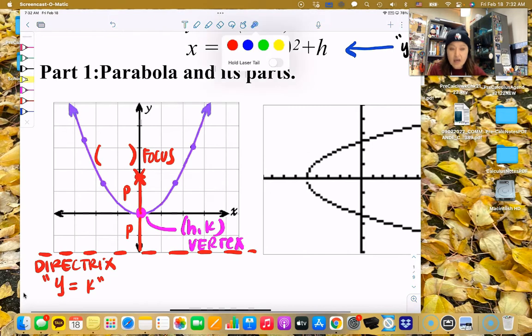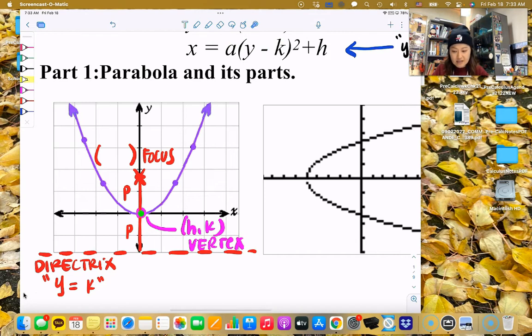It's the set, as we showed in the previous video, of all the points in a plane equidistant from a particular line and a particular point in the plane. So remember, this is equal, and this and this is equal, this and this is equal, and when you connect all those points, you create this beautiful parabola.